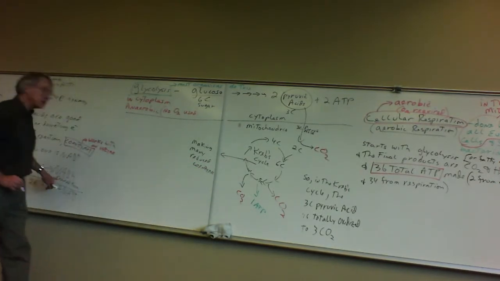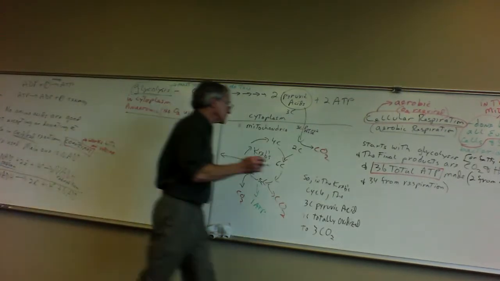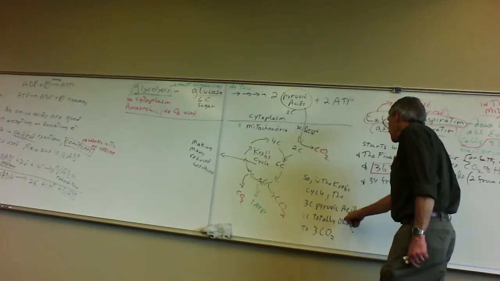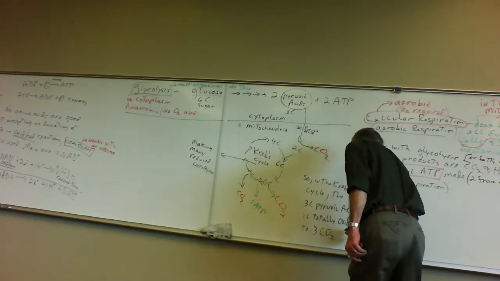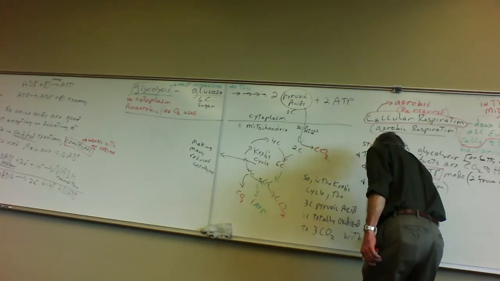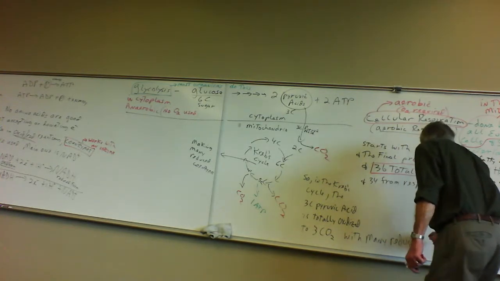Most of them are NADHs, but there's another one called FADH2 if you read about it. So in the Krebs cycle, the 3-carbon pyruvic acid is totally oxidized to 3 CO2 molecules with many reduced coenzymes formed.